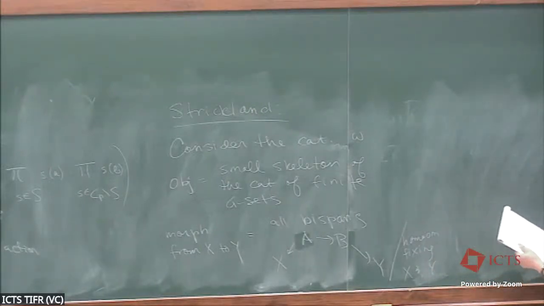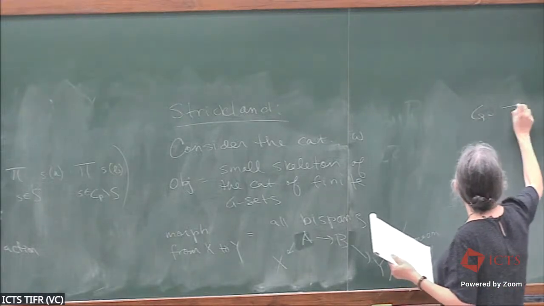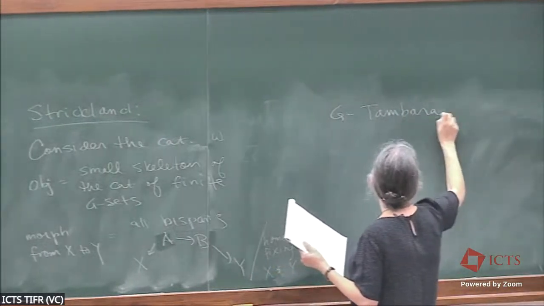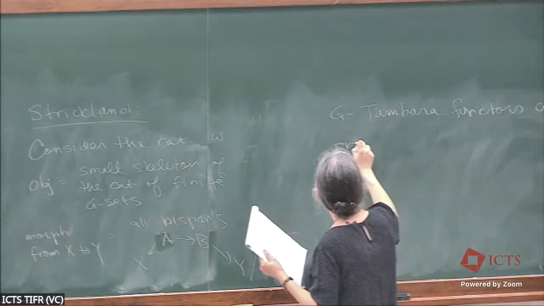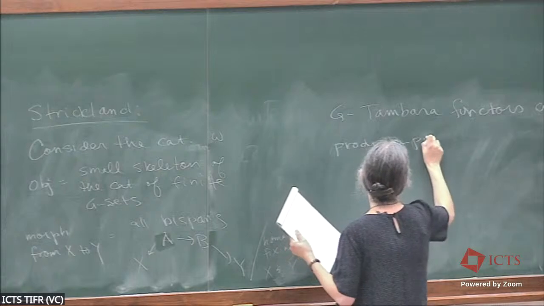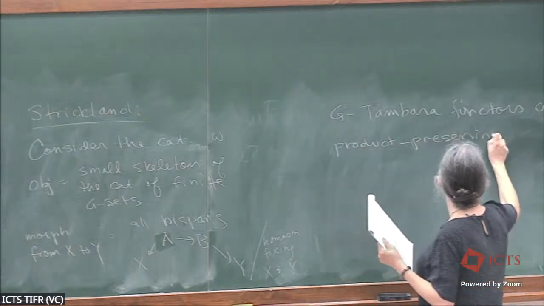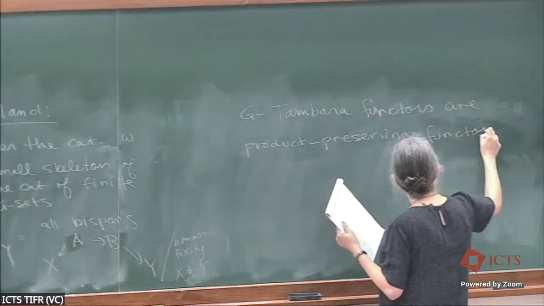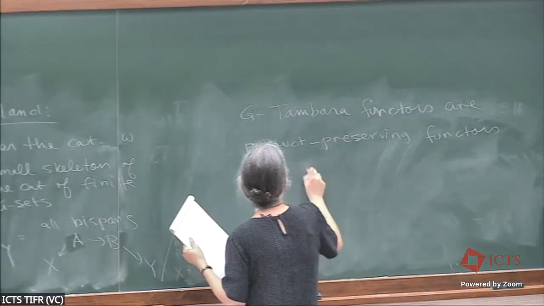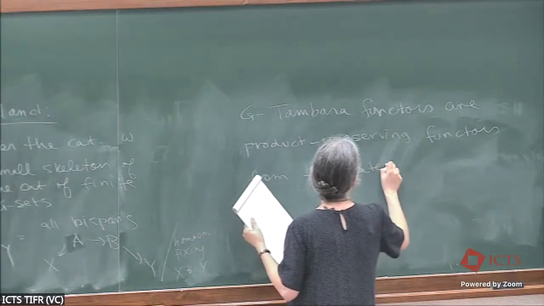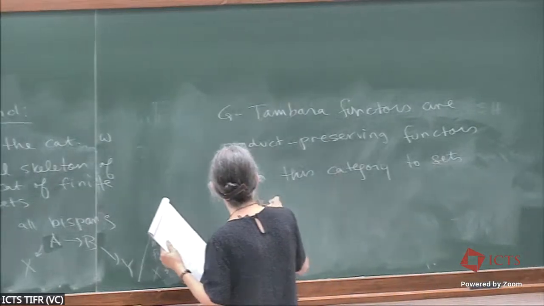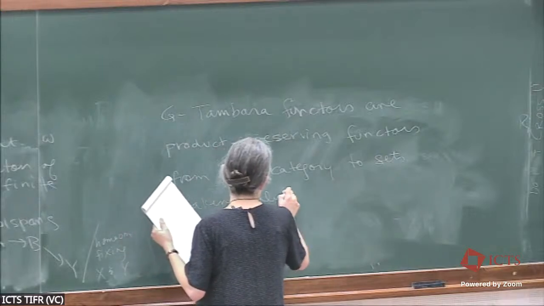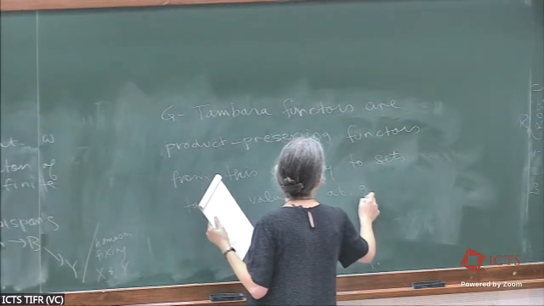And G Tambara functors are product preserving functors from this category to sets, taking value in abelian groups.